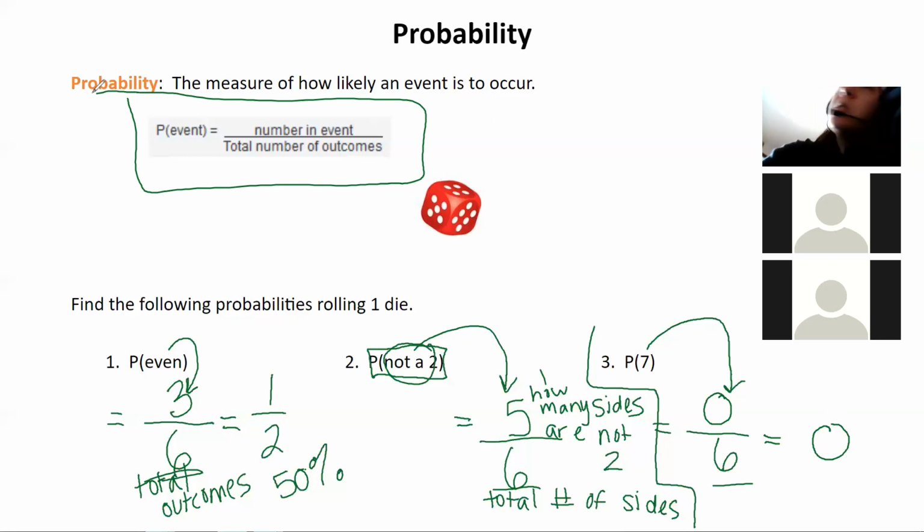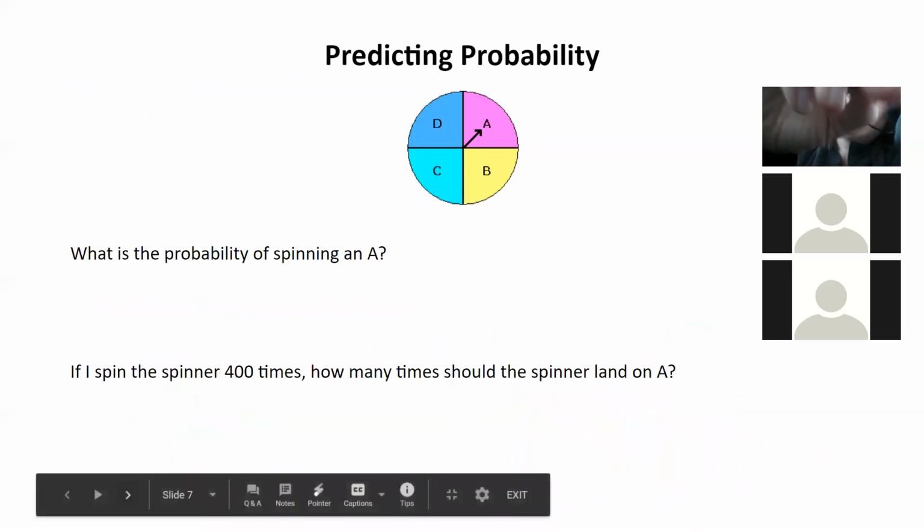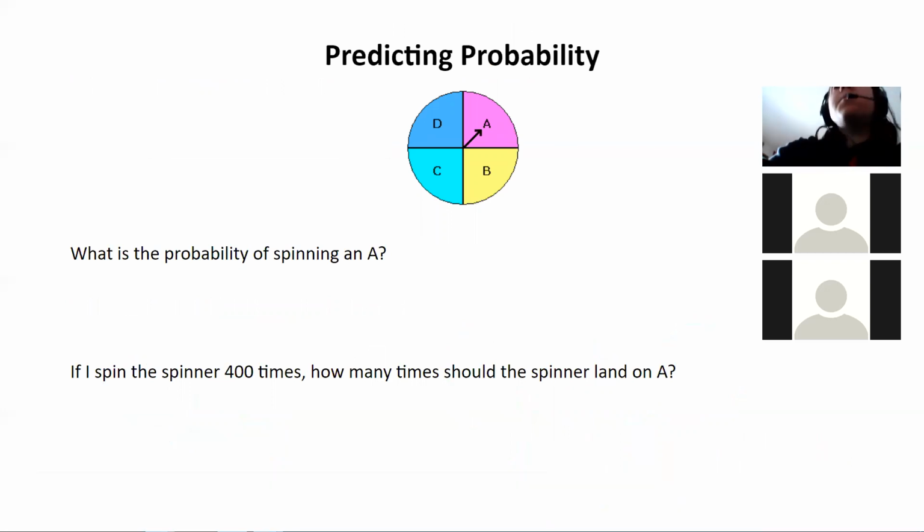Okay, let's do some more examples. I got lots of examples here today. Let's look at this spinner. We have a spinner that has how many different sections? 4. There are 4 sections, and they're all labeled differently.